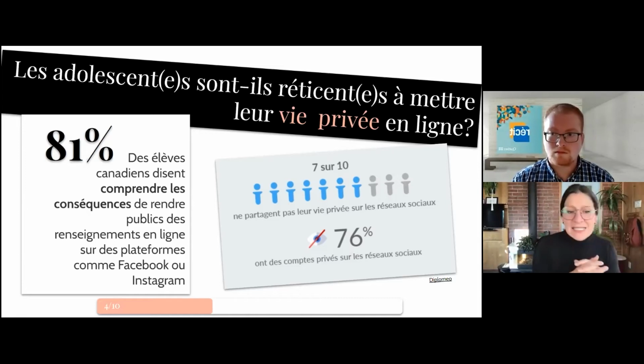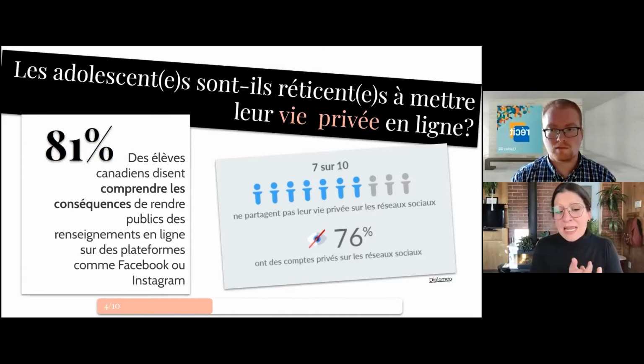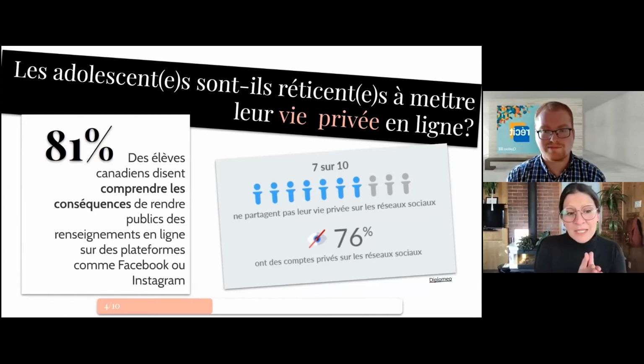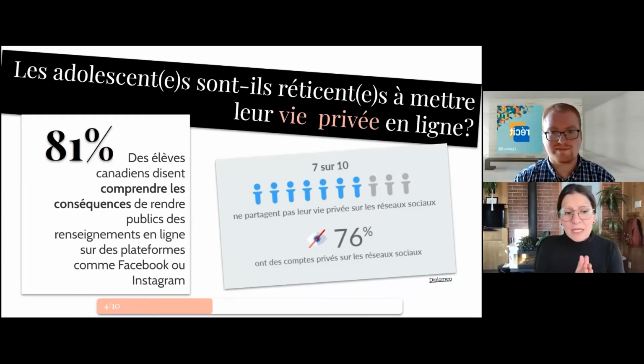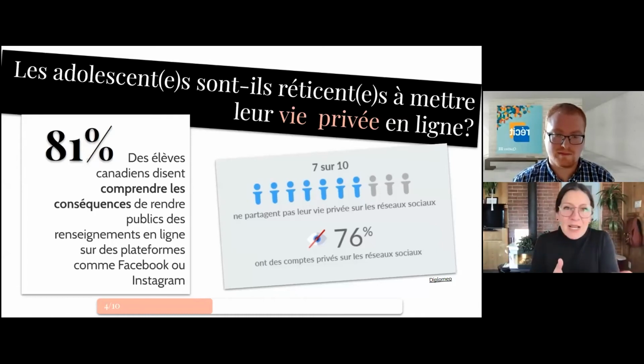You see the statistics on this slide. So 7 out of 10 do not display their private life on social media, and 76% have private accounts on social media, and 81% of students say that they understand the consequences of displaying publicly their information. Doesn't mean they don't do it, it means they understand.